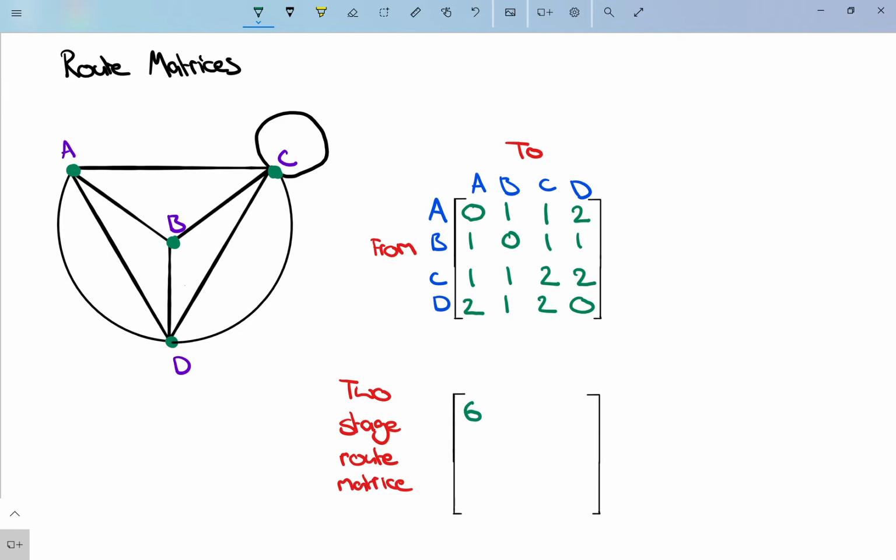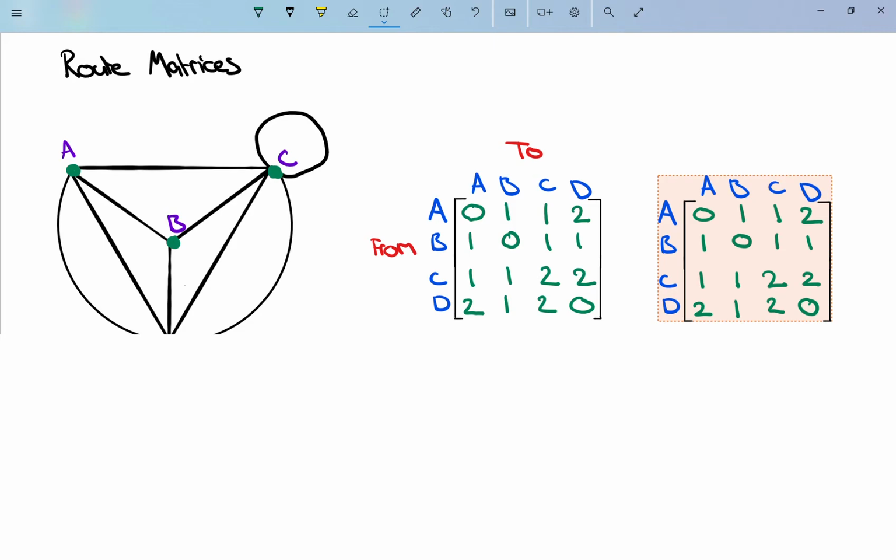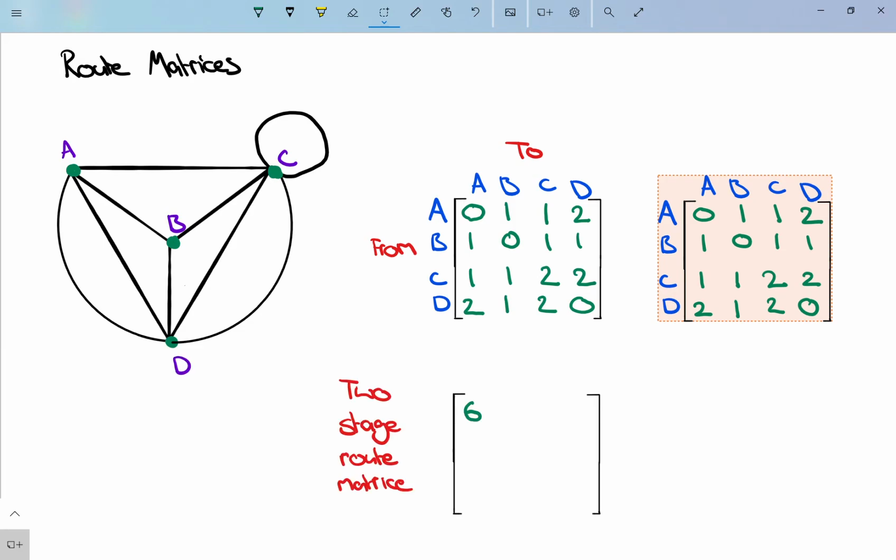Now I went through that quite quickly because it is very complicated to go through and do every single point. So what I want to show you now is if you use the matrix multiplication that we have used before, you can actually create your 2-stage root matrix by simply using matrix multiplication.